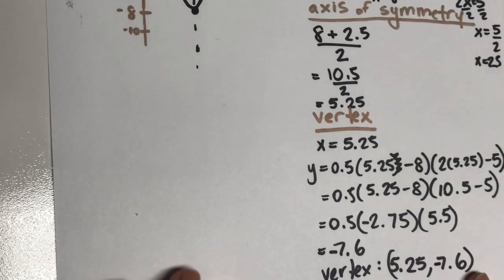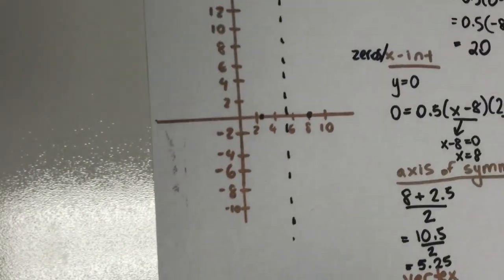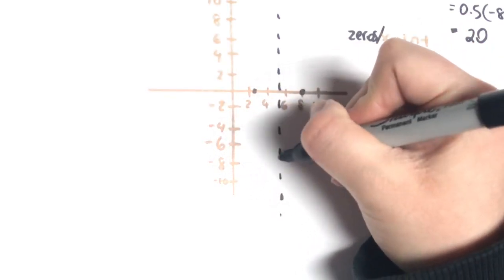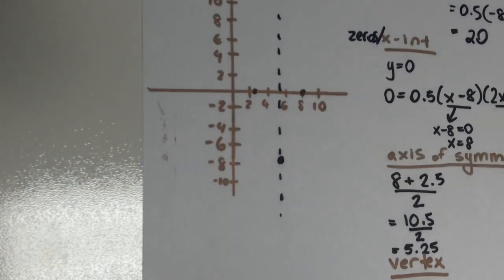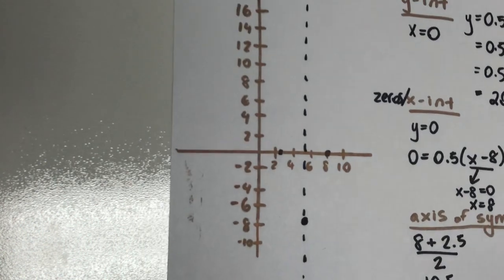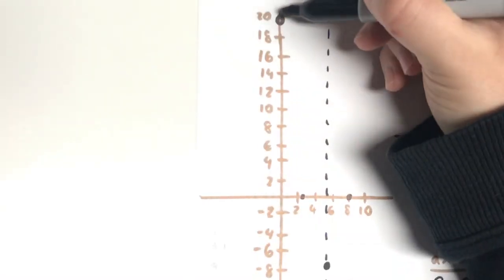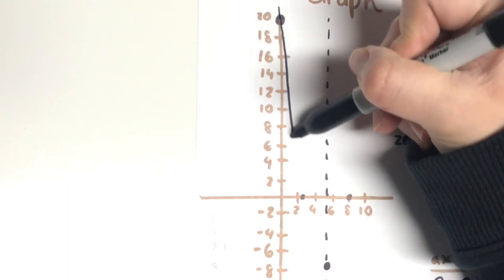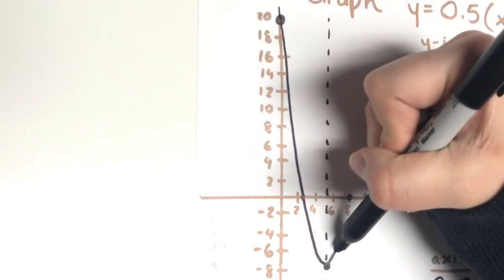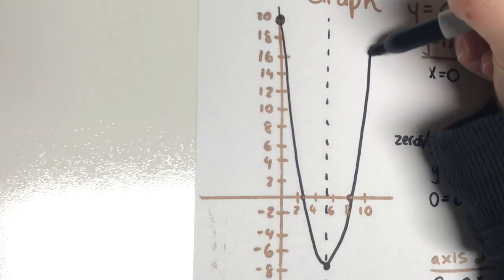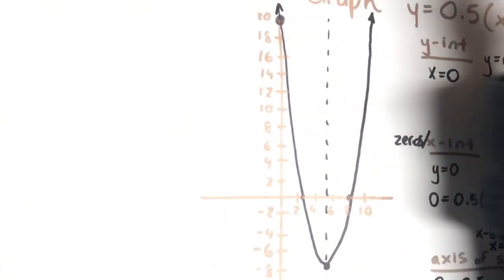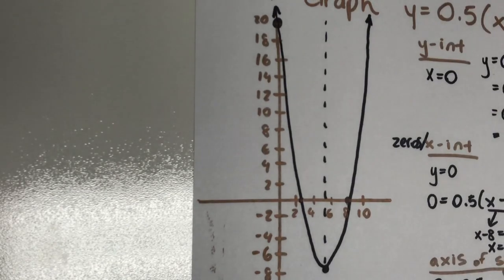Just adjust that in your notes, and that's the coordinate that I'm going to draw over here, somewhere over here. Now that I have all of my key points, I'm going to connect it into a U shape that's symmetrical like that. And that's my parabola.